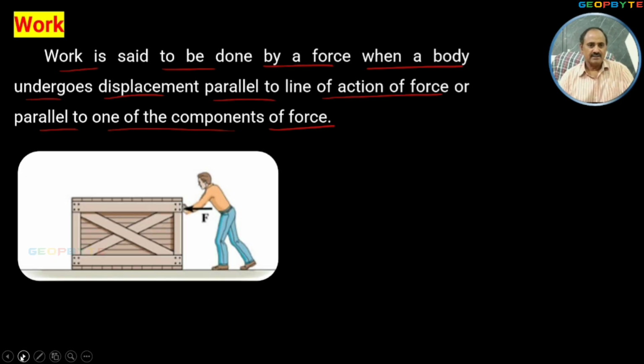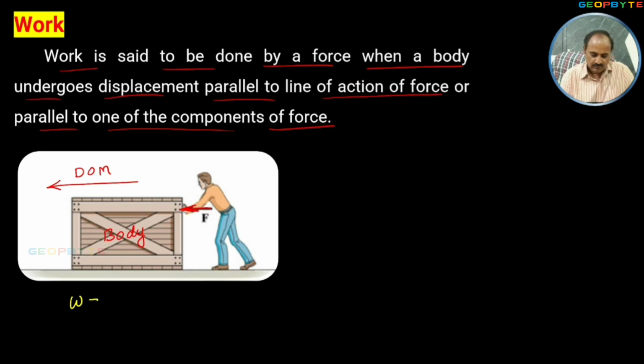Look at the arrangement. Look at the body. Here force is applied on the body. Force is applied horizontally and the body is moving in the horizontal direction. This is the direction of motion. Then, according to physics, work is said to be done when a force acts on the body and the body has to move in the same direction as that of the force applied.